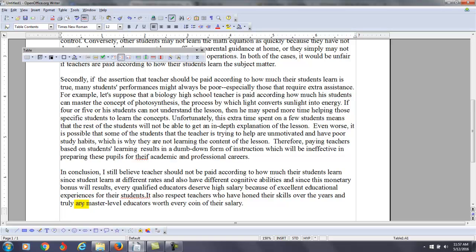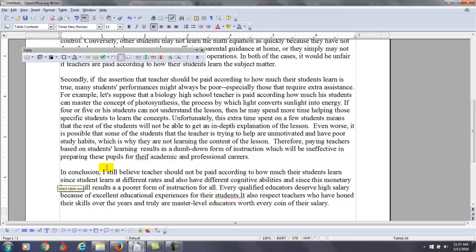What we've done there is we're trying to tie that conclusion to the rest of the essay, right? And that's kind of what we're doing in the beginning there.